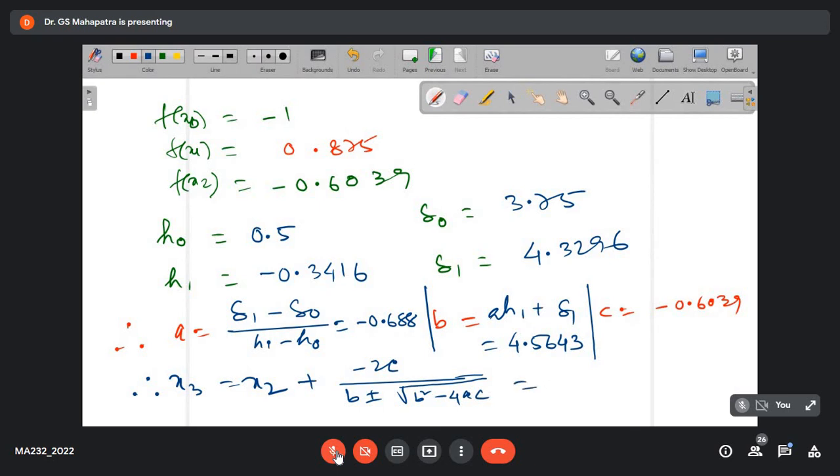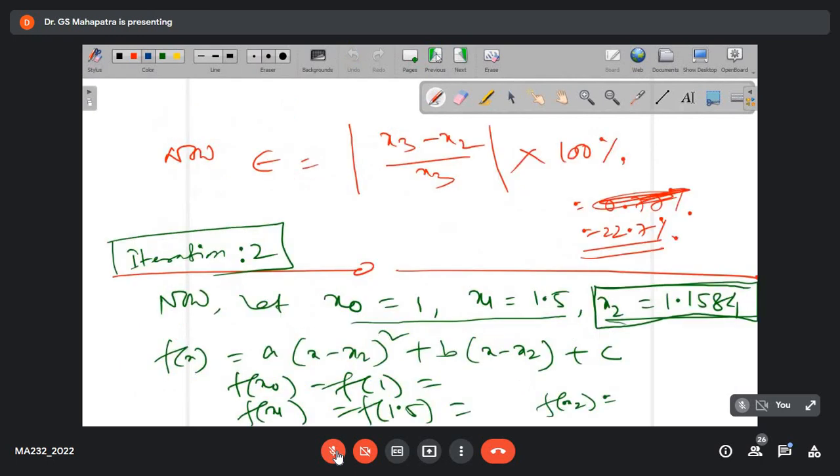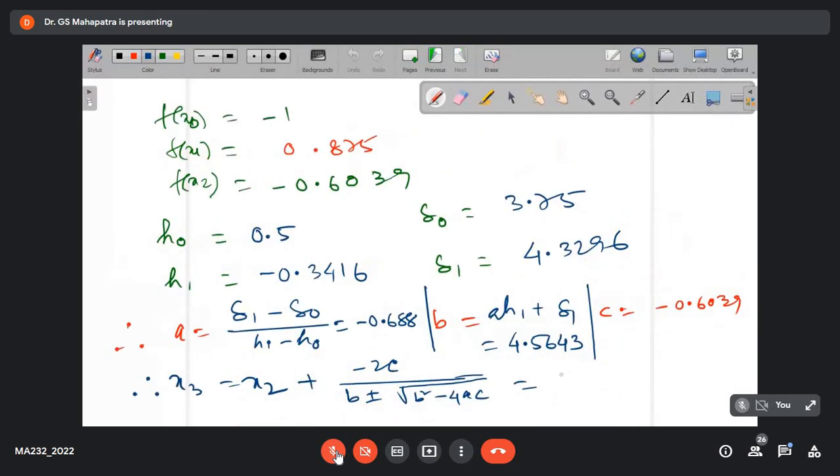What is the answer? So x2 is previous one, x2 is 1.1584. 1.1584 plus minus that value is, what is the answer?